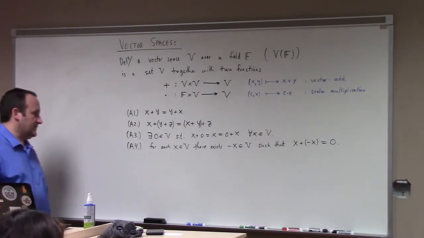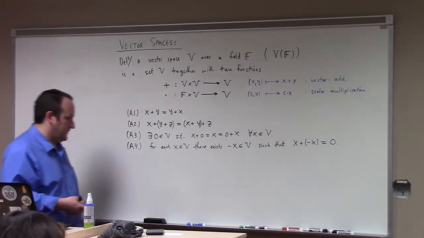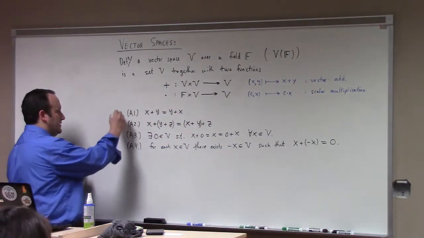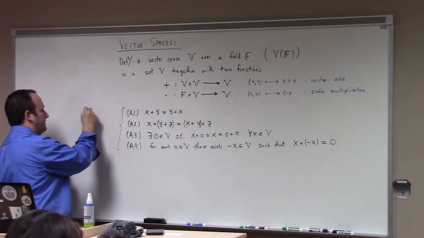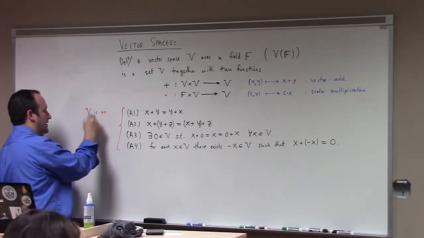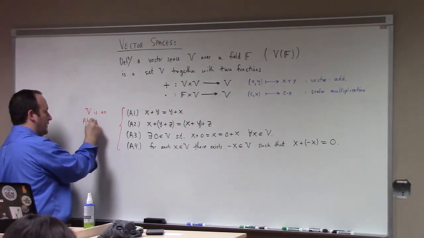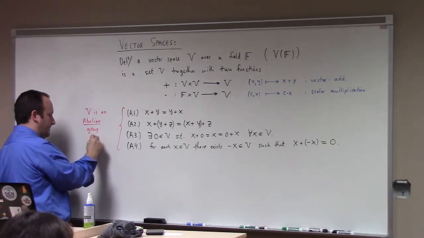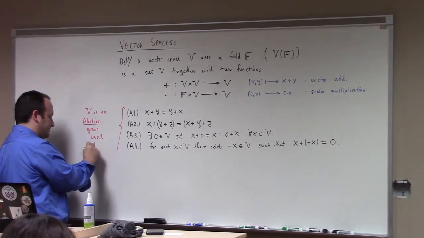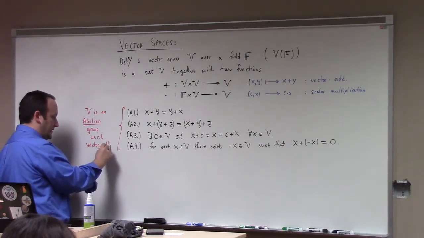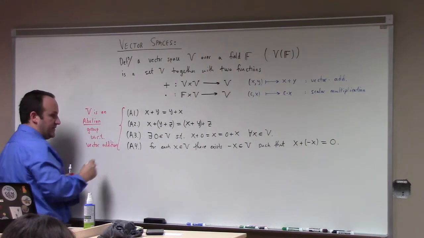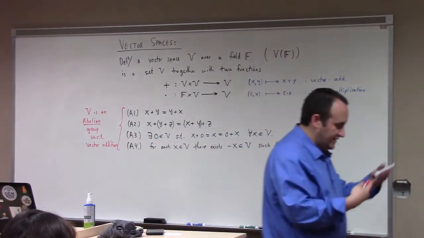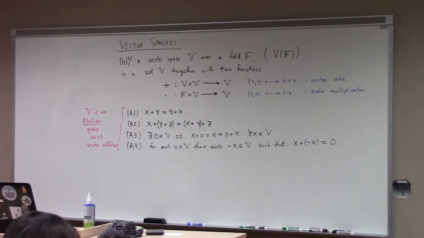So if you want a bird's eye view of these first 4 axioms, what these say is that V is an abelian group with respect to vector addition. If you were studying group theory, like you will in the next course, Math 421, that stuff alone gives you an abelian group.